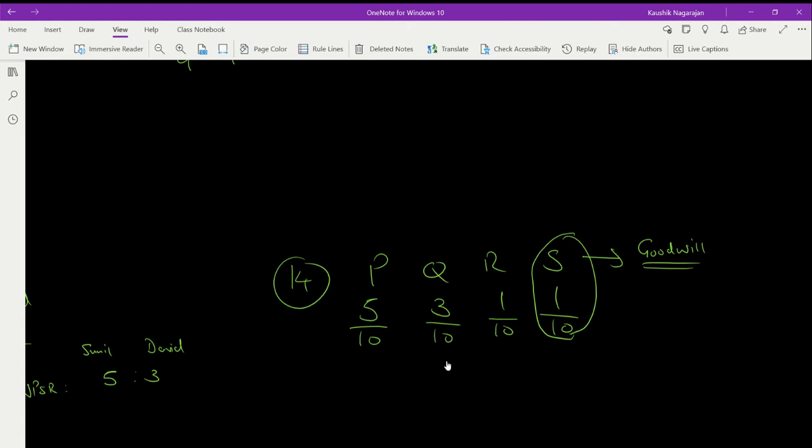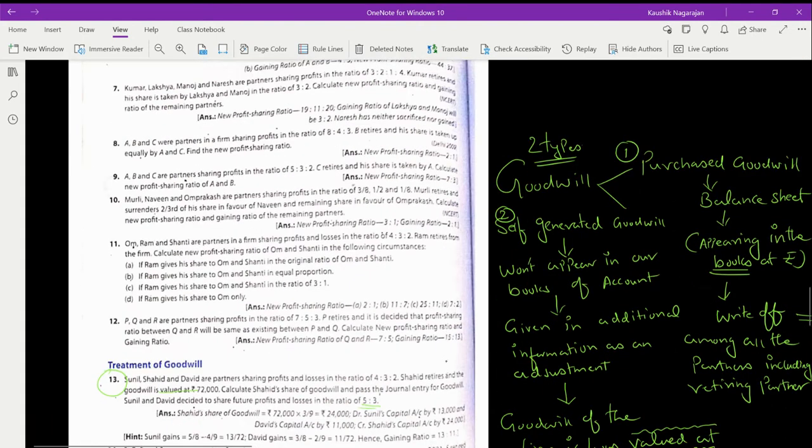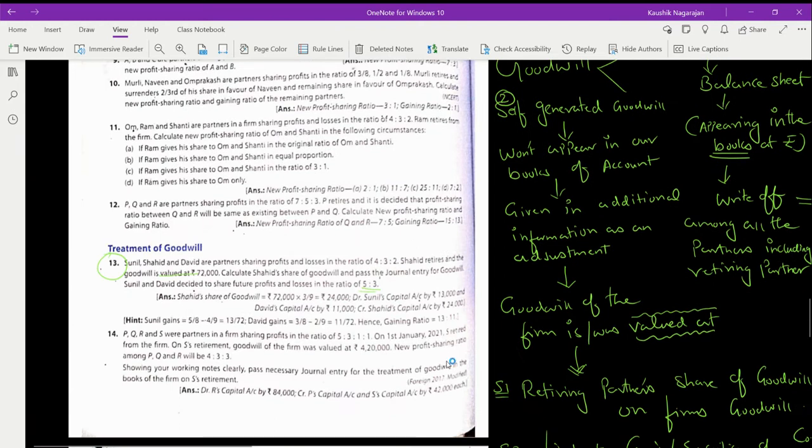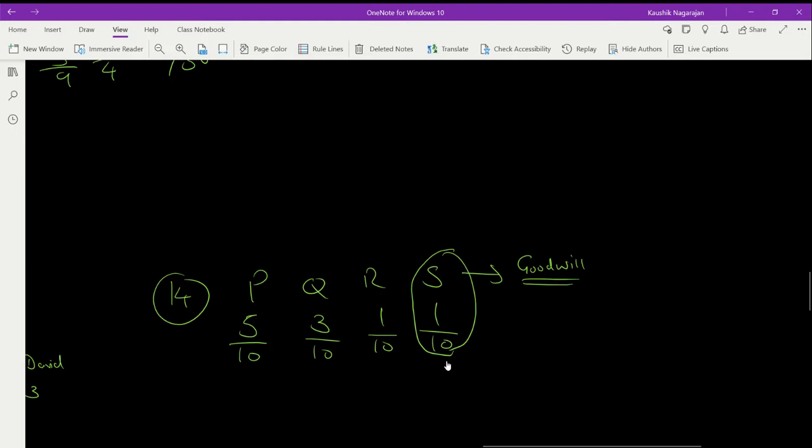It was said in the question that the goodwill of the firm on S's retirement was rupees 4,20,000. On S's retirement, goodwill of the firm was valued at, again it is self-generated, 4,20,000 rupees. Now what is S's share in it?